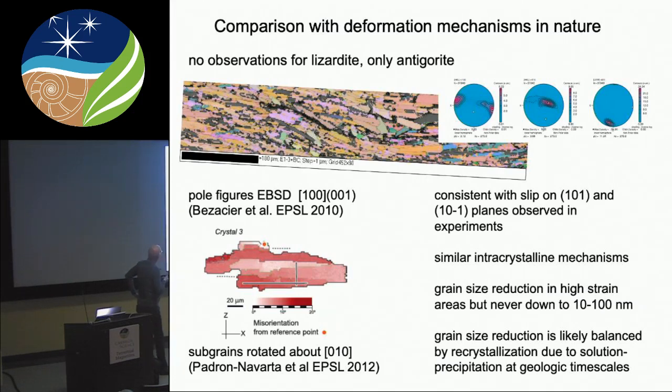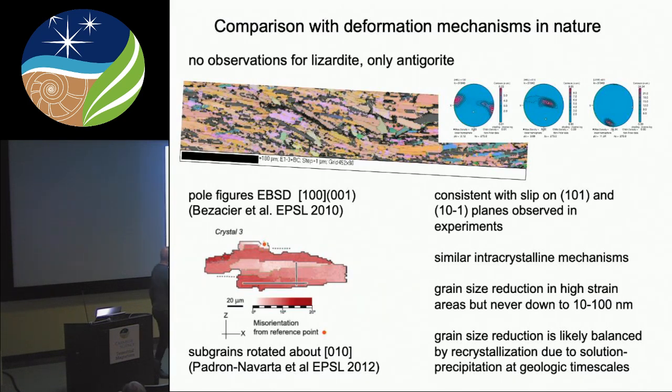When we do that, we can do that only for antigorite, because I don't know many occurrences of deformed lizardite. We get the kind of features I've shown already, which are these orientation maps. From that, we can infer that we have similar intracrystalline mechanisms as those we observe in the lab.